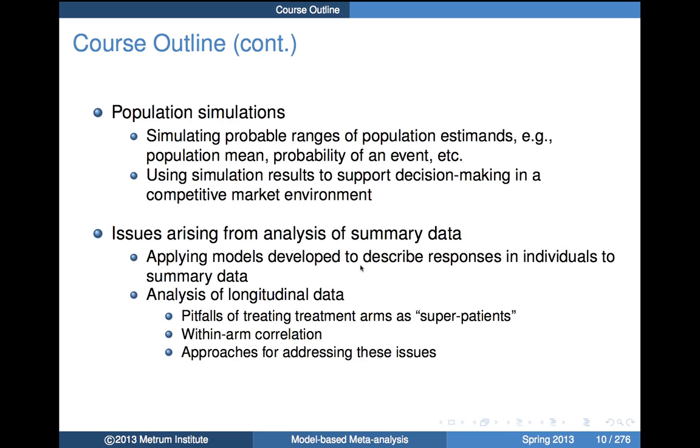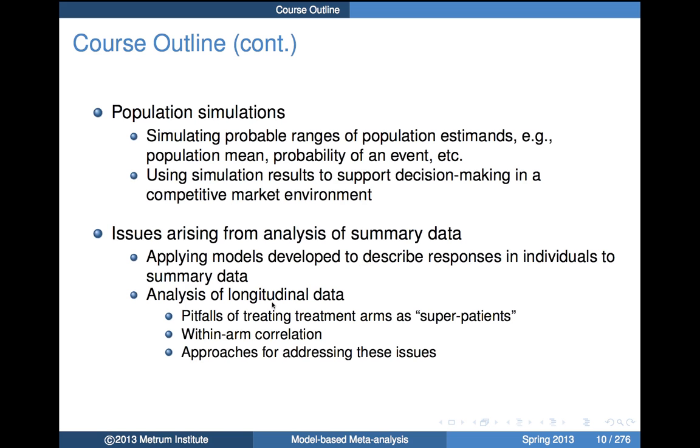Most of us in pharmacometrics tend to think in terms of modeling individual data, and how we model things like time courses and dose response within each individual patient, and we develop models in that context. Well, what do you do when you want to apply those models in the context where you do not have individual data, and what are the implications?